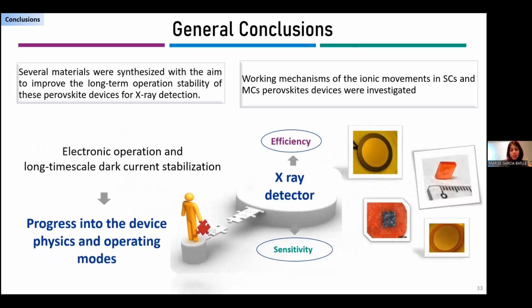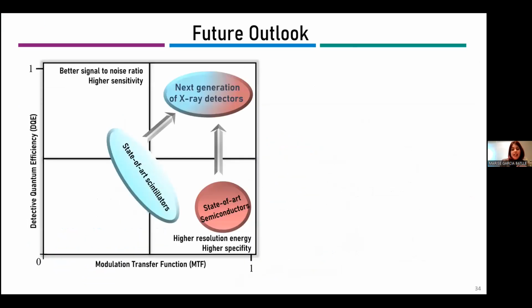All this information is important in order to understand the electronic operation and the long time scale current stability of this device. And this can help us to progress into the device physics and the operating modes of these materials.